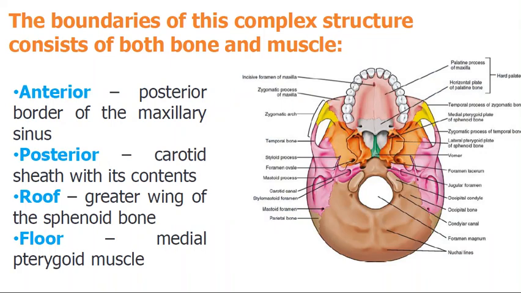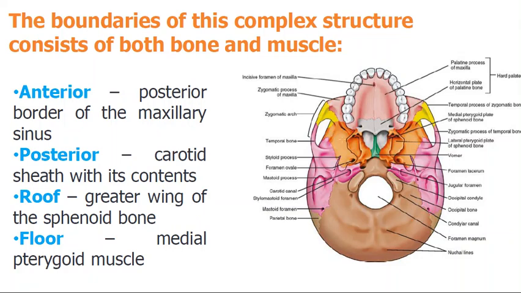The anterior border of the fossa is formed by the maxilla, the posterior surface of the maxilla, and the posterior wall of the maxillary air sinus, forming the anterior boundary of the infratemporal fossa right here.